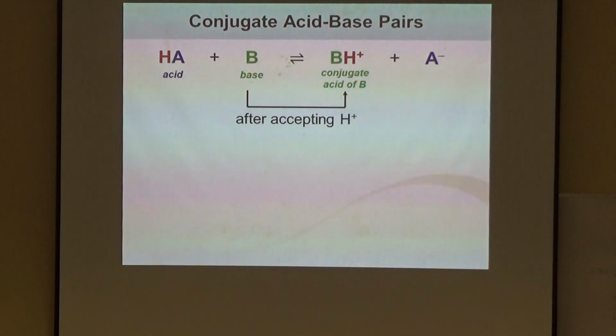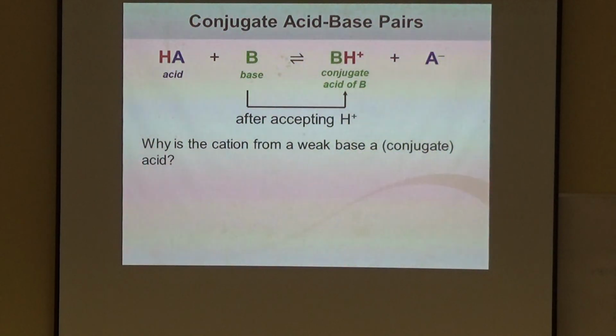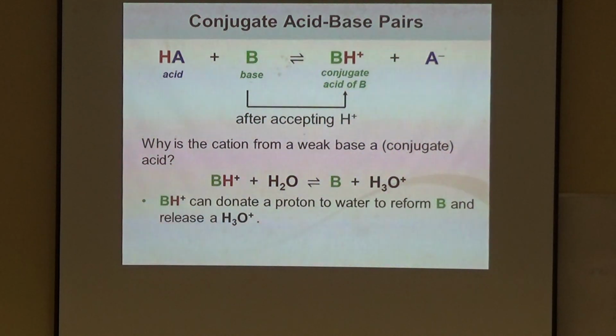After accepting the H+, you get the conjugate acid. Why is the cation from a weak base an acid? It's because in water it will undergo a reaction and you will get H3O+. So BH+ can donate a proton to water to reform B and to release H3O+. So BH+ acts as an acid.